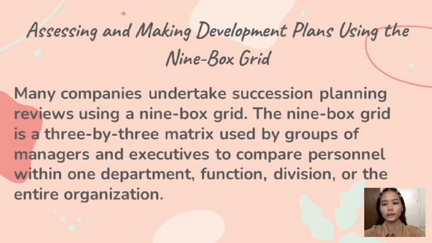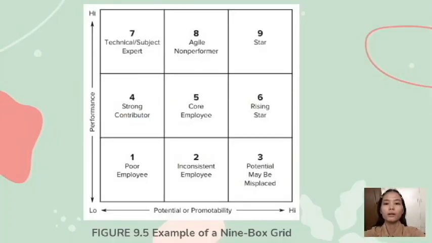The 9-box grid is a 3x3 matrix used by groups of managers and executives to compare personnel with one department, function, division, or the entire organization. This is an example of the 9-box grid, and the 9-box grid is used for talent analysis and discussion to assist in establishing successful development plans and activities, and to identify outstanding people who can be groomed for top-level management roles in the firm.